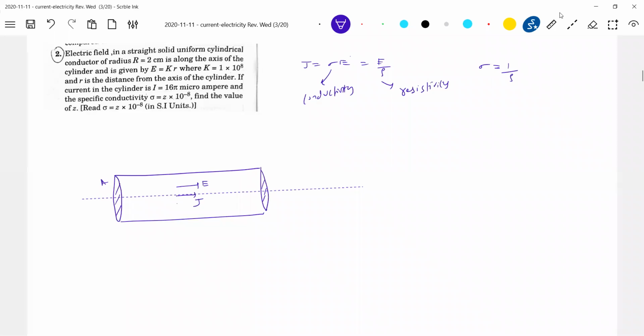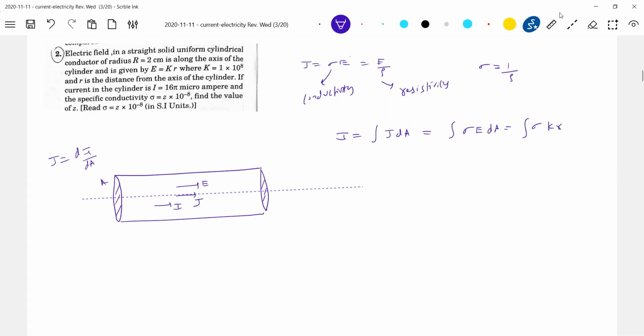So what is the basic definition for current? Current through the conductor, this I should be equal to integral of J dA. So I equal to integral of J dA. J is sigma E dA. What is E? E is equal to K into r.